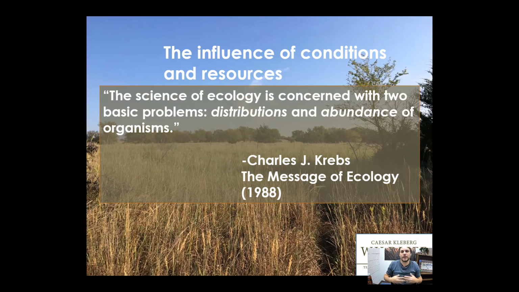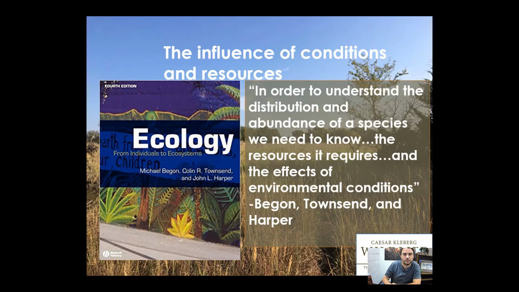As ecologists and wildlife managers, we're all interested in understanding two basic problems in ecology: what influences the distributions and what influences the abundance of organisms. Really, everything we do comes down to these two key tenets in both direct and indirect ways.